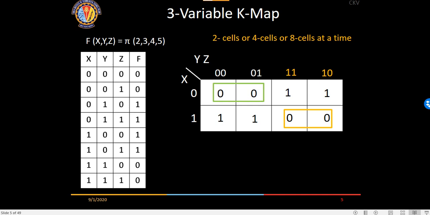Then we write it as xy bar or xz bar? No, whatever is changing, we don't write that.